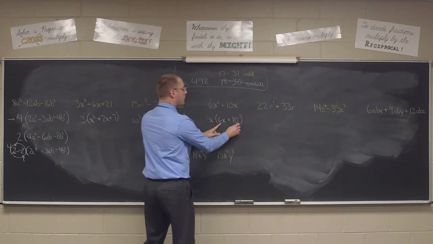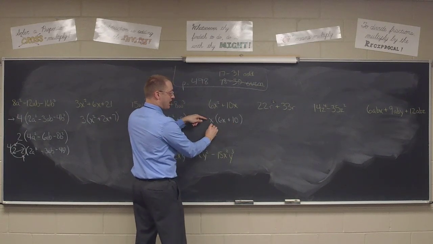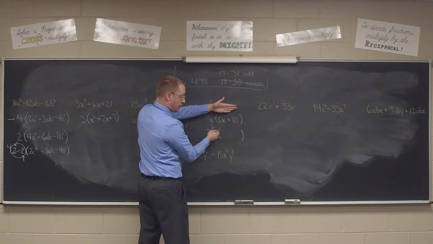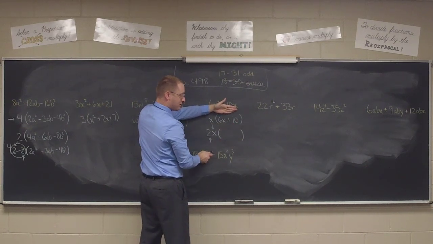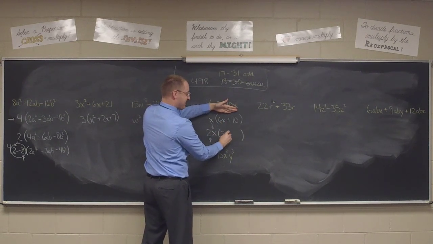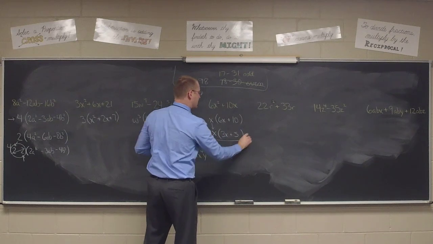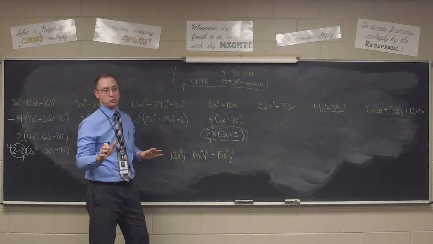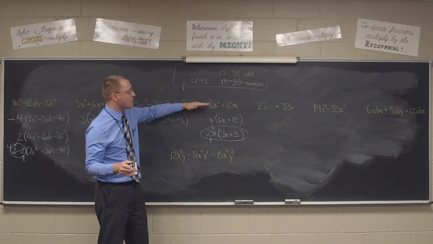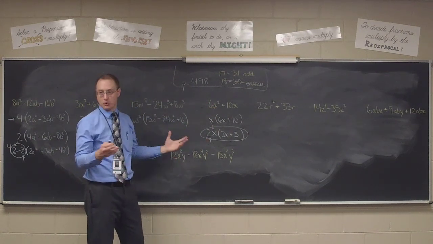No, we could now pull out a 2. I've already got the x, but I can also pull out this 2 from right here. And when I pull this 2 out, what's left? The 6x positive 10, pulling the 2 out, gives 3x positive 5. And this is the answer you should have had regardless. Now, of course, it's way easier just to see the 2x, right? But even if you don't, even if you had to do it in stages, that's okay.